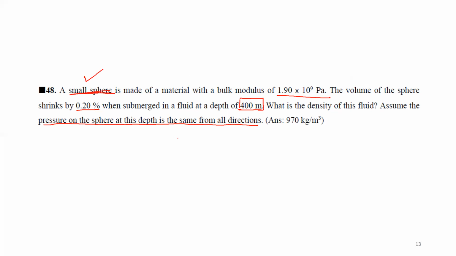So you know that for hydraulic pressure, F divided by A is equal to the bulk modulus B times delta V divided by V. Delta V divided by V is what I gave you, which is 0.20%.